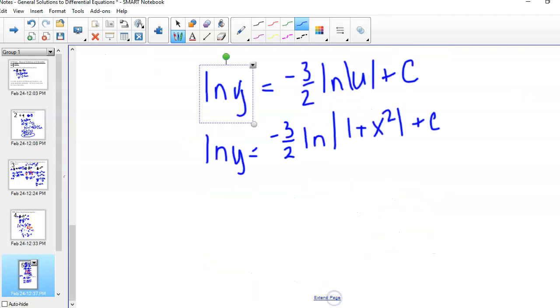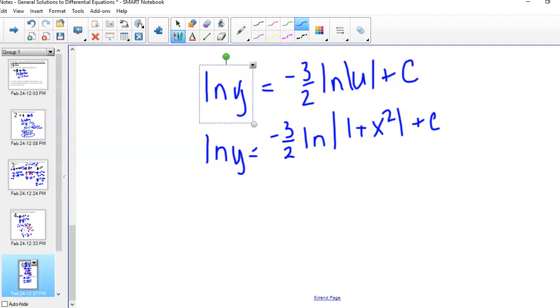Actually, on this problem I don't need absolute value bars because 1 plus x squared is always positive. So if you just have parentheses, that's fine as well. For right now, we're just going to leave this answer as it is. As we go on, we're going to learn to simplify that a lot more, but we're just going to leave it right here for right now.